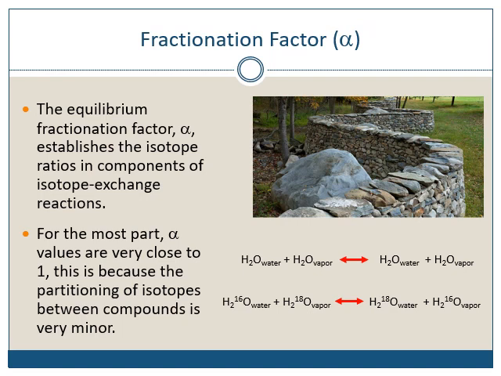This preferential partitioning, or fractionation, that we're using alpha, our fractionation factor, to describe: the alpha values are very close to 1, and this is because the partitioning of isotopes between compounds is very minor.